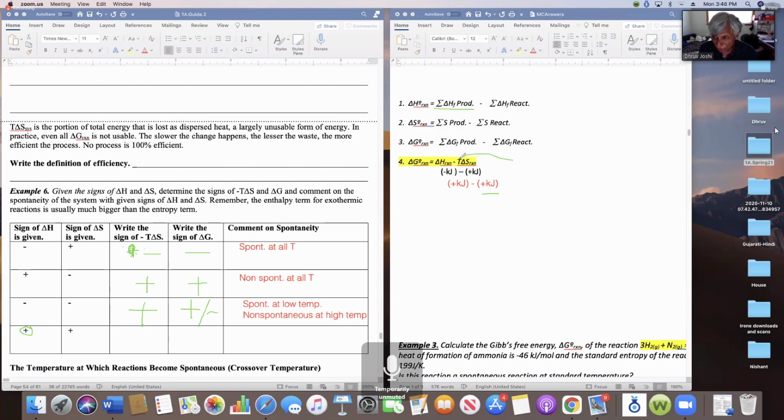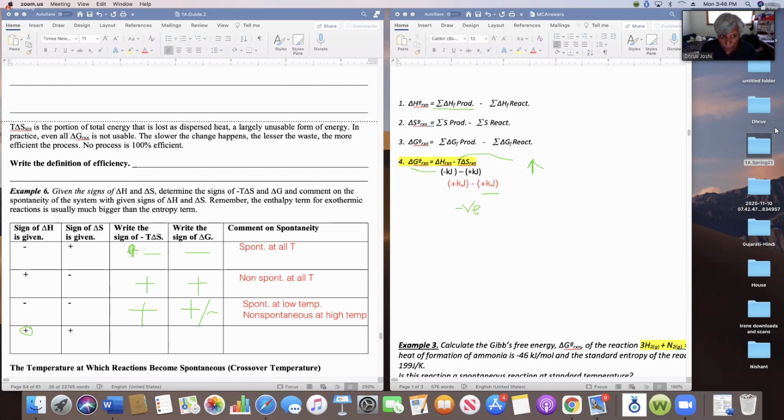When this T is very, very high, then this value would be bigger, and then this will get negative and this is positive. Negative minus positive would be negative, and we want to have negative delta G for spontaneity. So that means this T is going to be high.